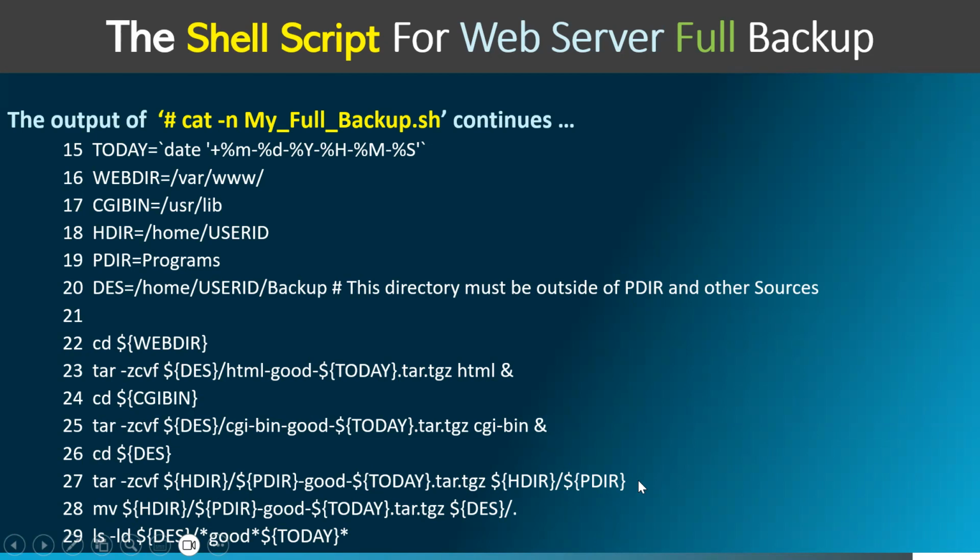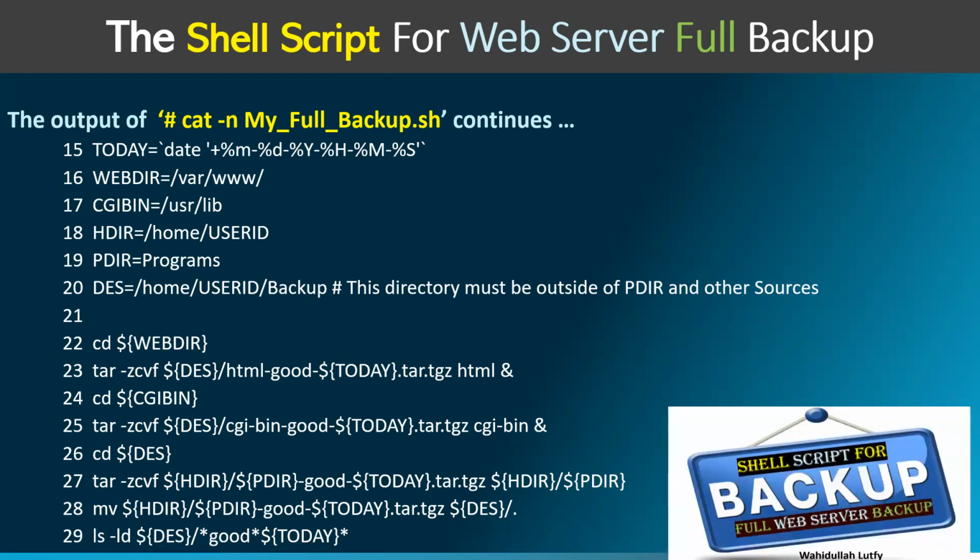If I was doing ampersand, then it would be failing, because before the tar completes, I'm trying to do a move. So this line 27 does not have the ampersand. Please make sure that you don't put an ampersand on line 27, because we're moving it, we're not copying it. That's very important.